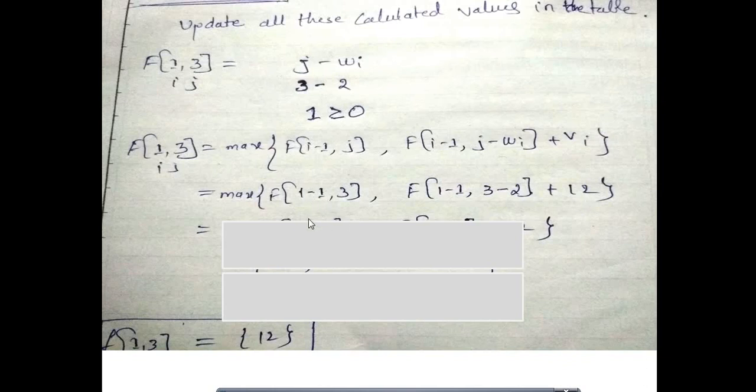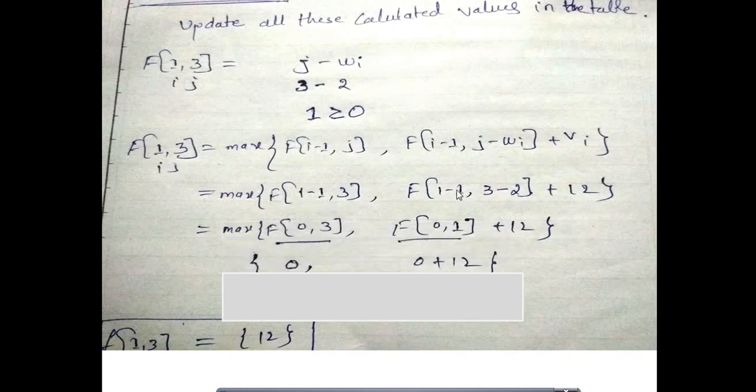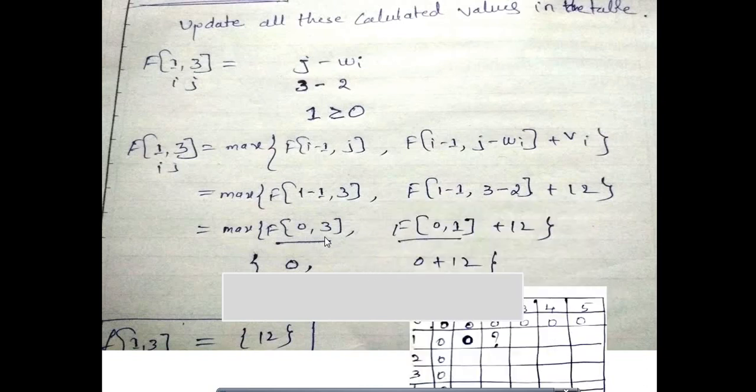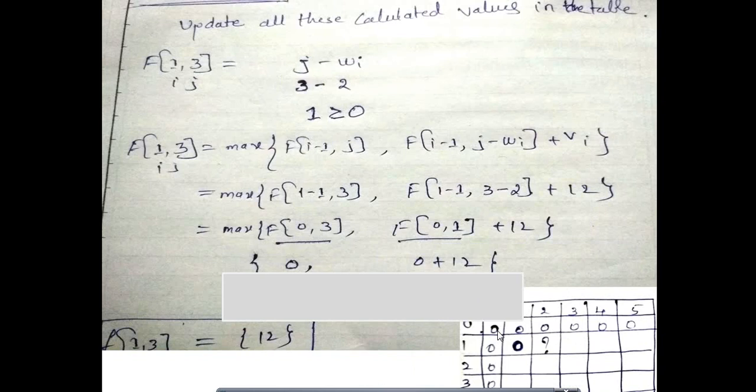So 1 minus 1 is 0, 3 minus 2 is 1, plus 12. Refer to the table: 0 comma 3, what is the answer? Sorry, 0. Then 0 comma 1, the answer is 0. Then plus 12, so the final answer is 12. You have to write this 12 at 1 comma 3.